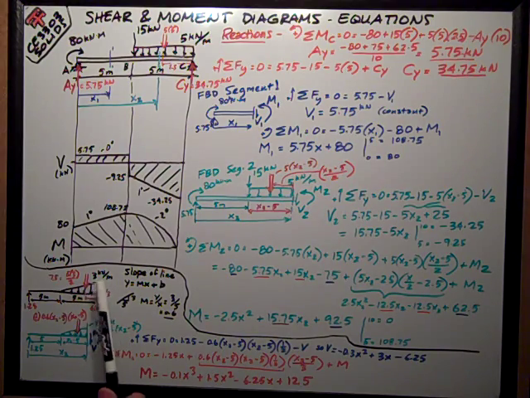So y is 3, x is 5, so my slope is 0.6. I'd express that like we sometimes do in statics: it's a 3 over 5 slope. It's going up 3 units for every 5 units it goes over.